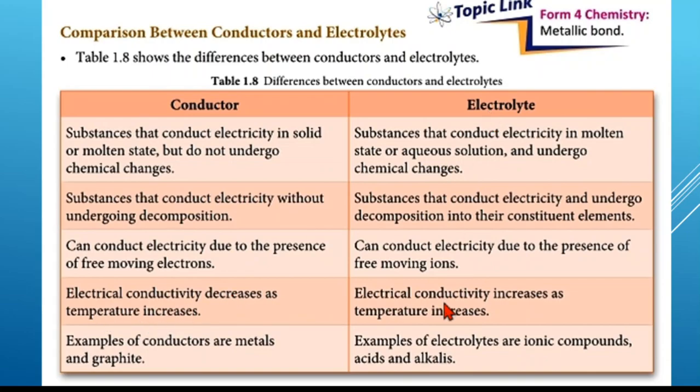But the electrolyte, the electrical conductivity will increase as the temperature increases. Decrease, increase. Okay? Examples of conductors are metal and graphite. Examples of electrolytes are ionic compound, acid, and alkali, dengan syarat mesti dalam molten or aqueous solution. Okay?